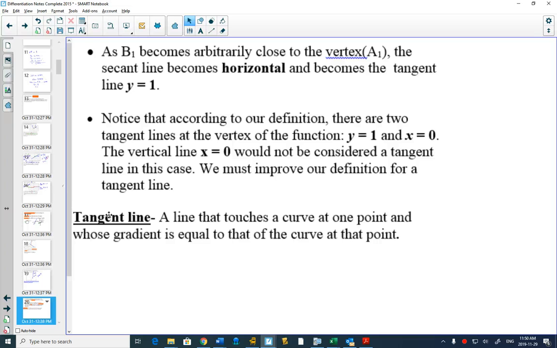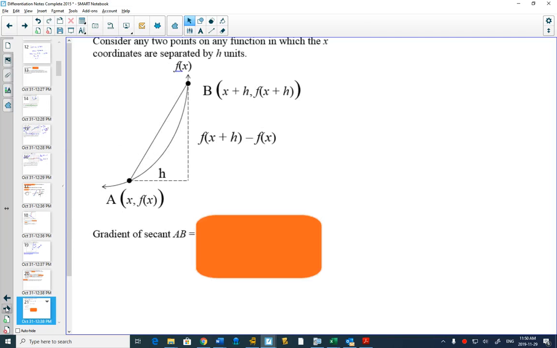So now our algebra needs to come in. How do we figure out what's happening? So we take 2 points. In this notation, here's my x point, here's my y point. And then I'm going to add some value of h.